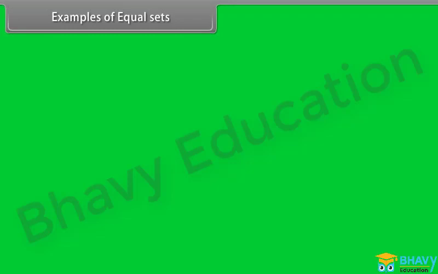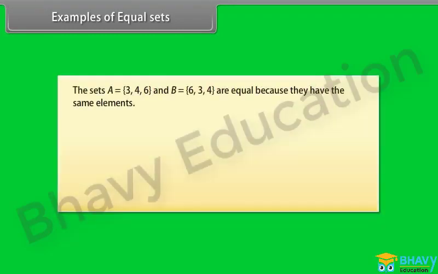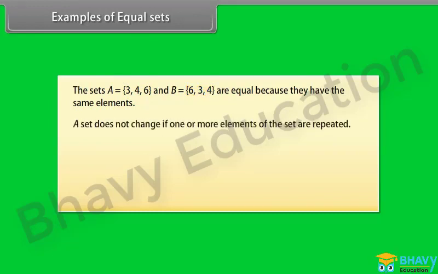Examples of equal sets. The sets A is equal to {3, 4, 6} and B is equal to {6, 3, 4} are equal because they have same elements. A set does not change if one or more elements of the set are repeated.